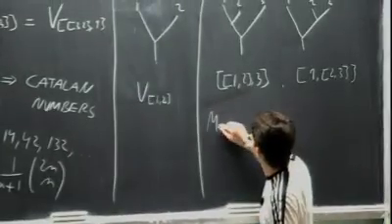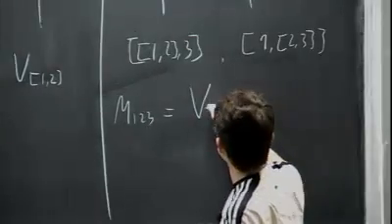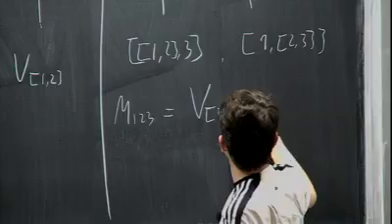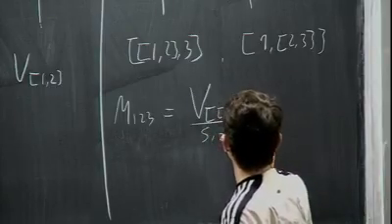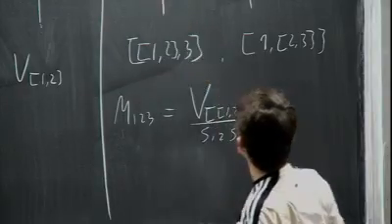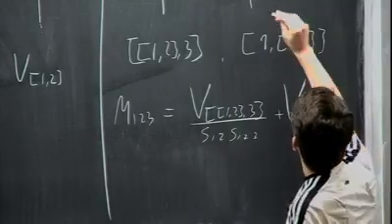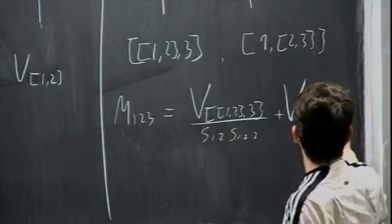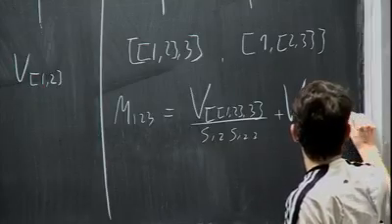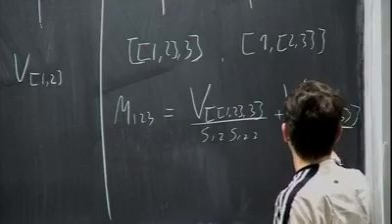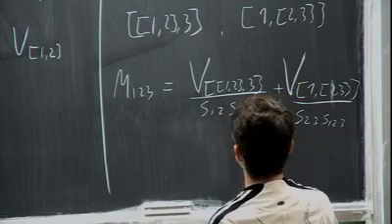So M123 becomes V123 over S12, S123, S12 is there, and S123 is that vertex, plus V123 over S23, S123, right?